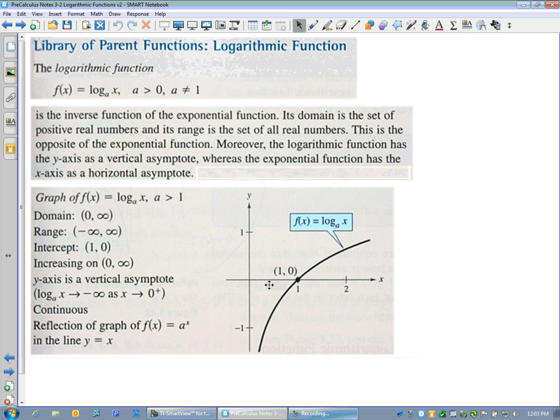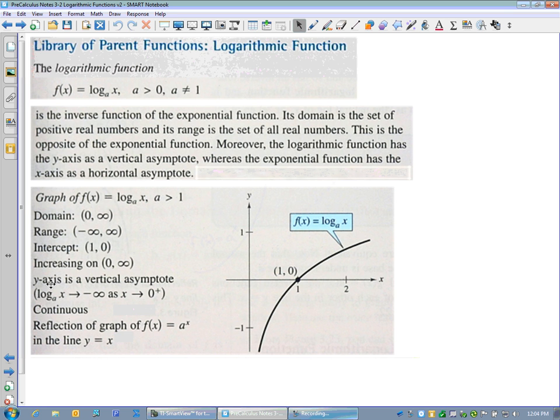Now the intercept is (1, 0). It does have an x-intercept with no y-intercept. And it's increasing over its entire domain. So as it goes from left to right, it's always going up. And then one way we could say the asymptote here, there's a vertical asymptote at x equals 0, which is the y-axis.